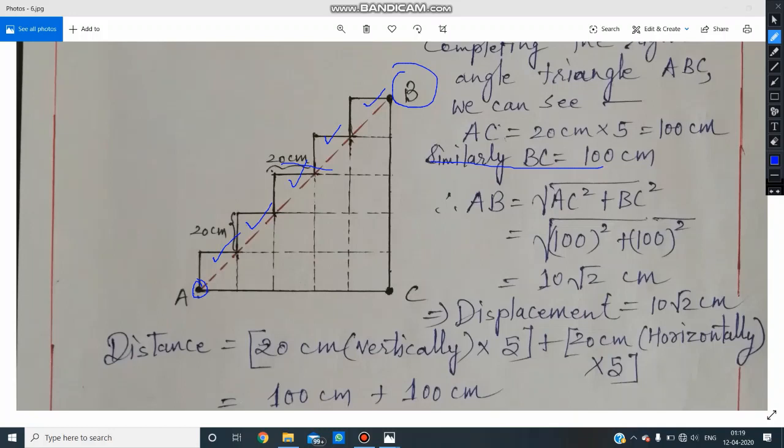And for calculating this displacement, we can imagine this completion of a right angle triangle in this manner, that is A, B and C, and with the help of Pythagoras theorem we can find out the total displacement of the ant. Let's see the explanation how we have solved it.